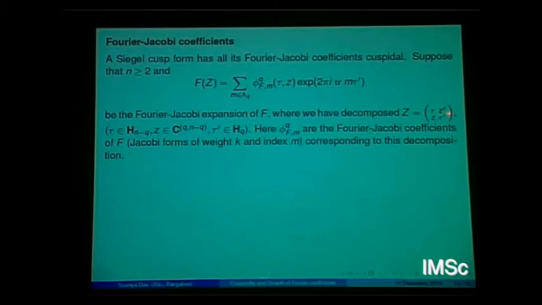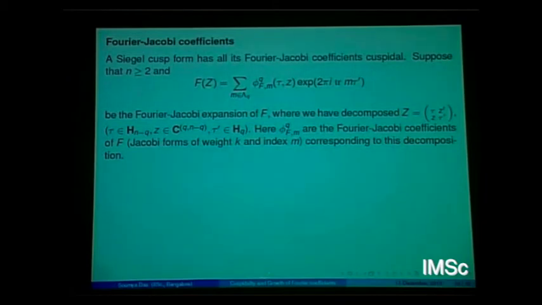You decompose your Z in terms of block matrices, and then you collect together terms, and you get this Fourier-Jacobi expansion. And these phi_q^f(m) are the Jacobi forms. I think this was already introduced. So now this index m is not an integer, it will be a matrix. Right? This q is the order of this tau prime. So it's really a matrix.